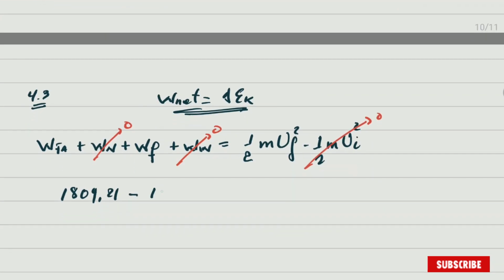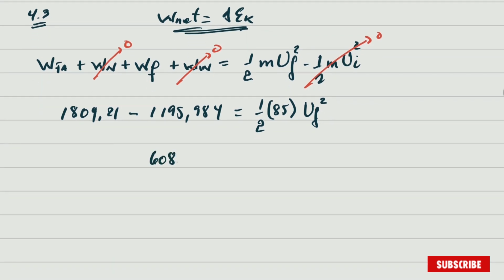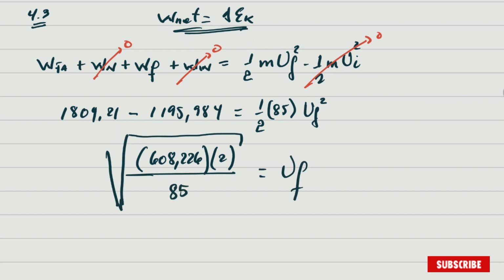It is negative 1195.984, and if we substitute on this side here, the mass is 85, and then the final speed is what we are actually looking for, and the rest is just calculation, guys. And then we get that the final speed is 3.783, and this is the end of the equation.